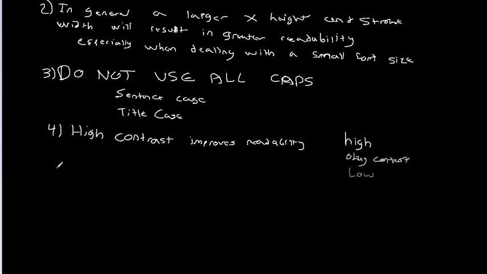Five, this is something that a lot of people often try to overdo, and that is reduce the overall number of different font types in your map. Generally, I would say only use 2 to 3.